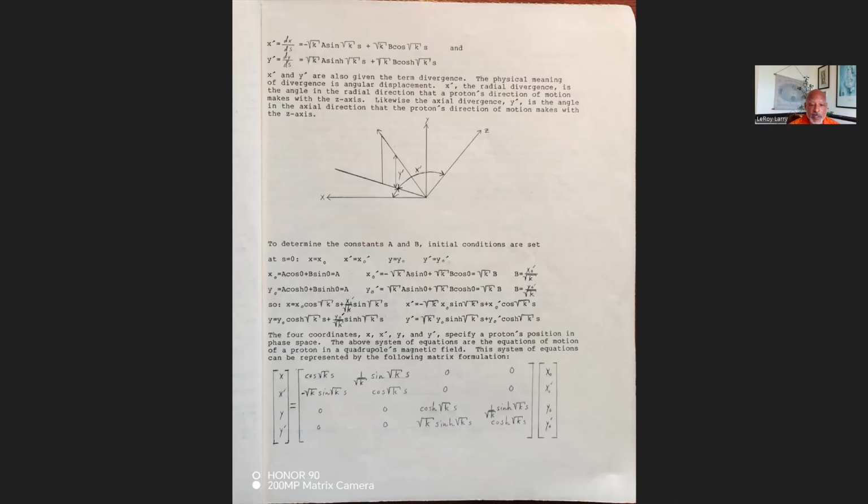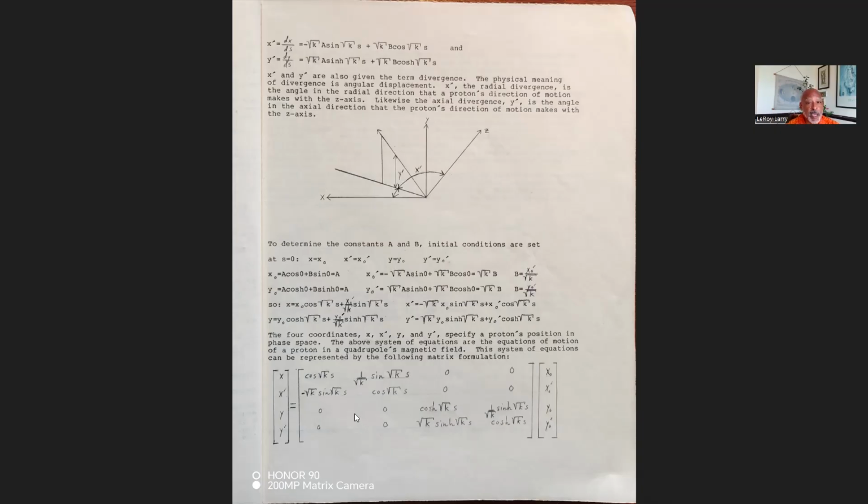Now, in this instance, we're talking about a quadrupole that is radially or horizontally focusing and axially or vertically defocusing, okay? That's what this magnet is.